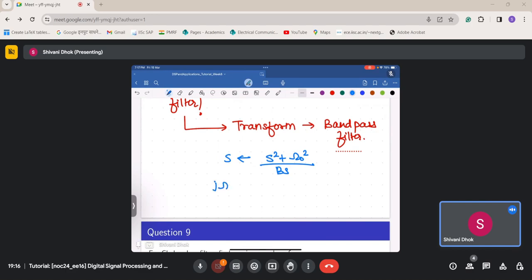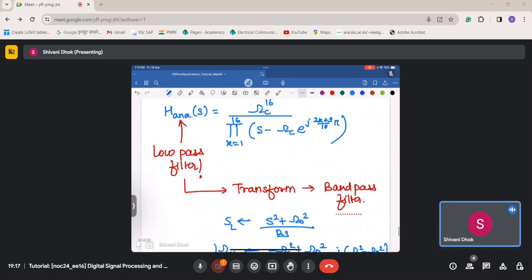If I say that this is j omega L, then S is j omega, so minus omega square plus omega naught square upon b j omega. So I can take this j up, so minus 1 by j will be j, omega square minus omega naught square upon b of omega. So this is the exact transform which we had used in order to do the mapping earlier. Is this part correct? Is this part clear to everyone?